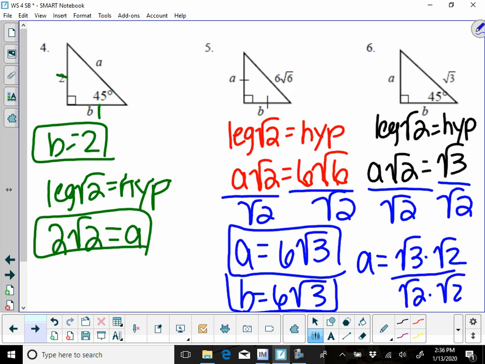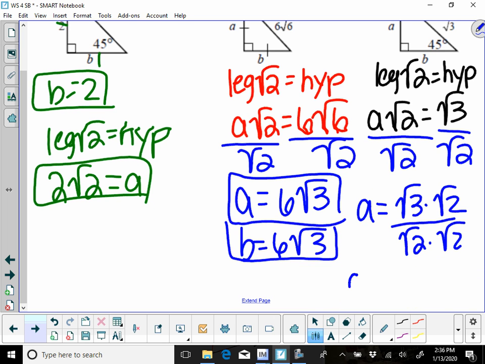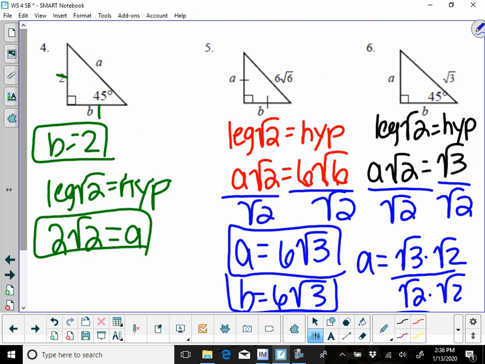On the top, that's just going to turn into the square root of 6, and the bottom turns into 2. Since they aren't both radicals, you cannot reduce there. So A is going to be the square root of 6 over 2, and B is the same.